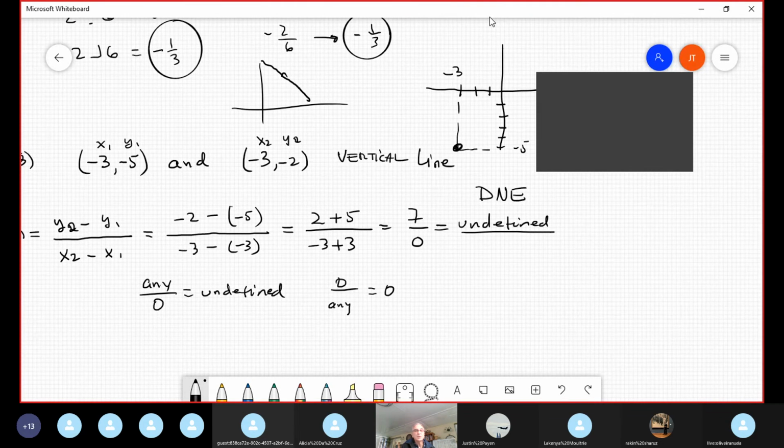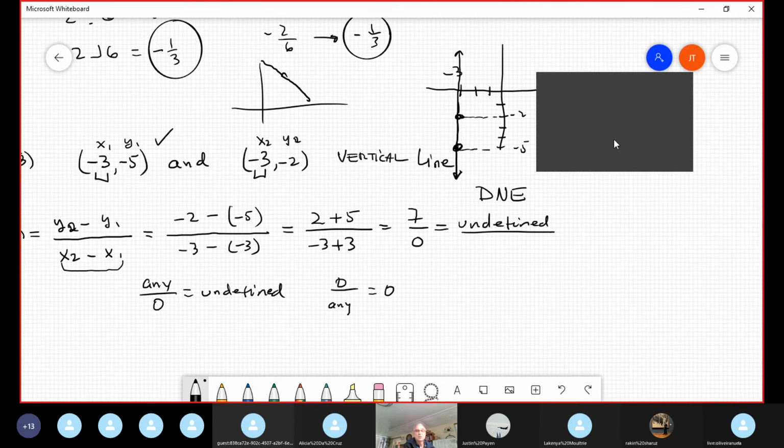This is the point -3, -5, this guy. -3, -2 is here. It's obvious that when you connect these, it's a vertical line. How do you know that? Because the x component repeats. That is the reason there is 0 in the denominator, because in the denominator we have the subtraction of the x components. So it is undefined. Okay?